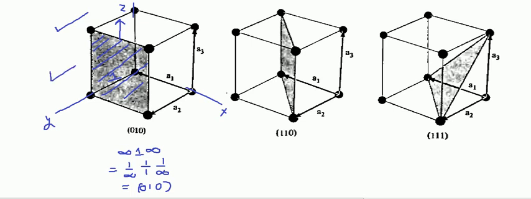Agreed? So let us calculate the Miller indices for this plane. Consider again, this is your x, this part is your y, and the upward part is your z. Now can you tell me where this plane is intersecting?